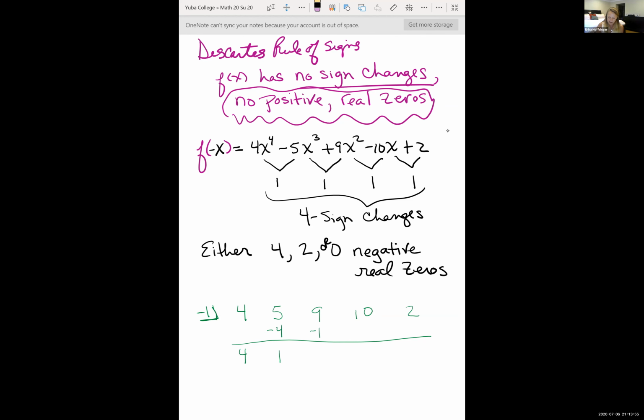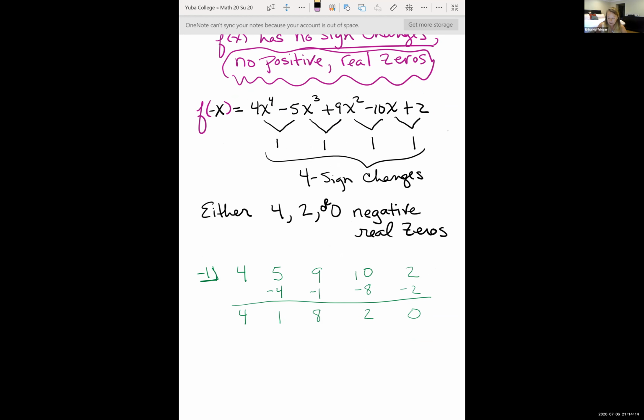Sum with 9. 9 minus 1 is 8. -1 times 8 is -8. So nice. 10 minus 8 is 2. -1 times 2 is -2, and this gives me 0. So I get a 0 back as the last number.